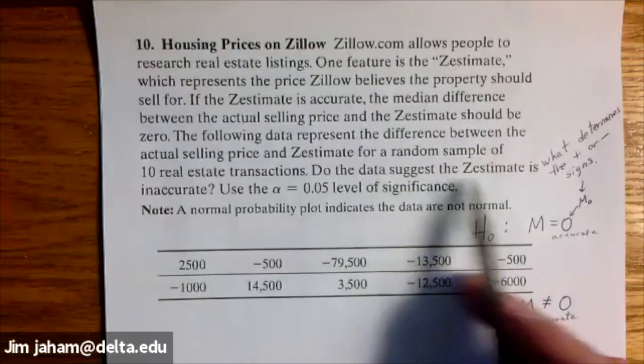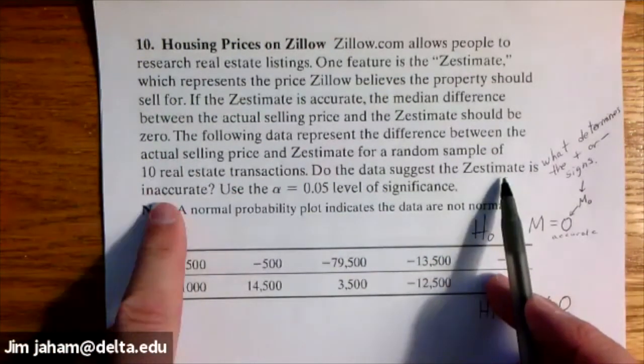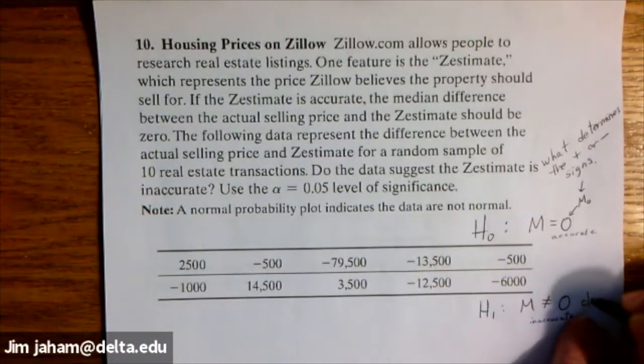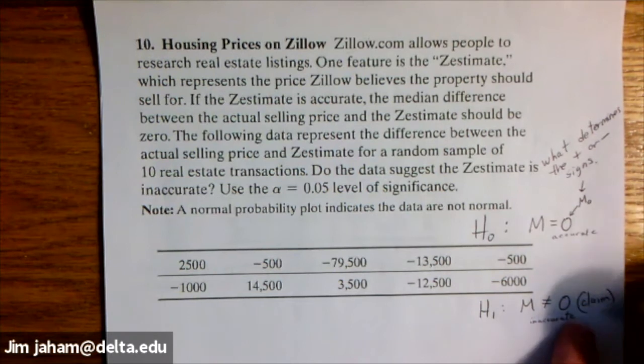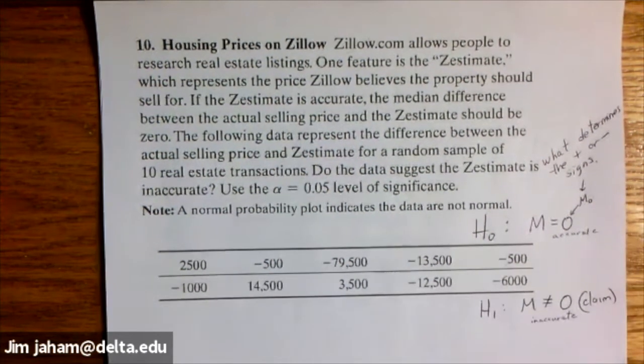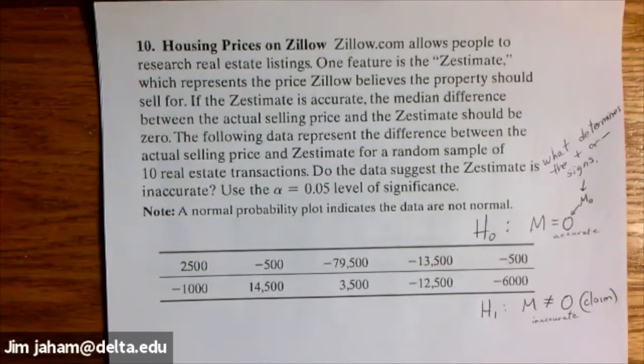So do the data suggest that the Zestimate is inaccurate? We've got to call this one down here the claim. Okay, what I'd like you to do is just to take a couple minutes and calculate the following.